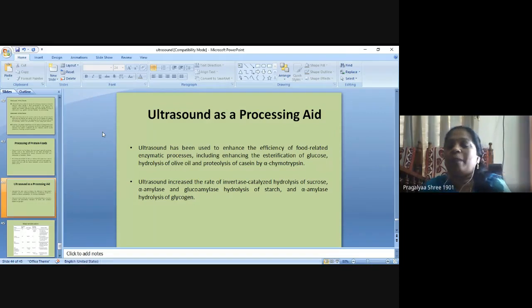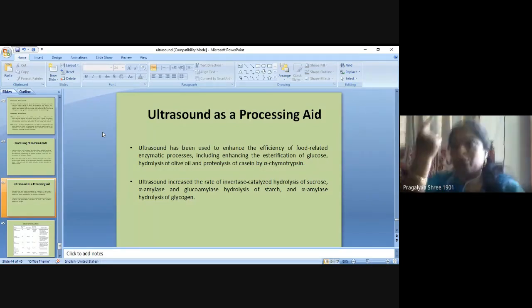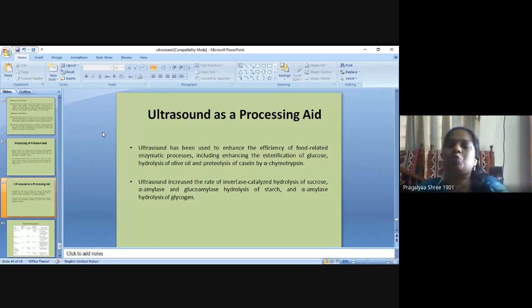Later on, glucoamylase is the enzyme used to hydrolyze the dextrin molecules further into individual glucose molecules. That is called saccharification. Saccharides are formed, sugars are formed. So alpha amylase and glucoamylase are the two enzymes used to hydrolyze the starch into individual glucose monomers, and for this purpose we can use ultrasound.